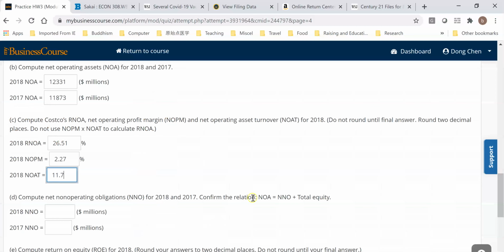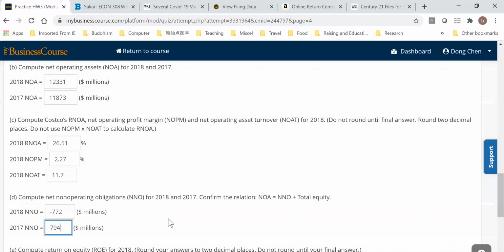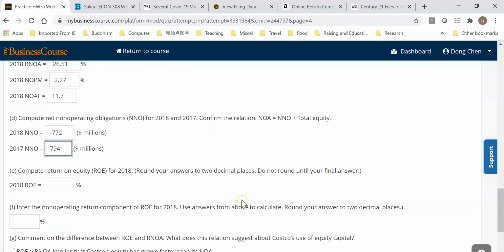If you go back and check the rounding requirement, it should be rounded to integer numbers. So this is going to be a negative number, negative 772, and the other year is going to be 794.